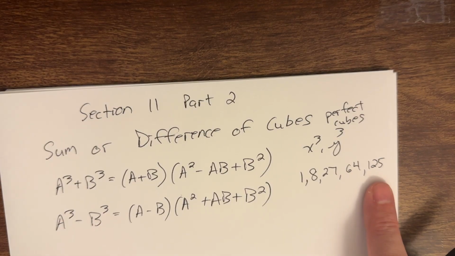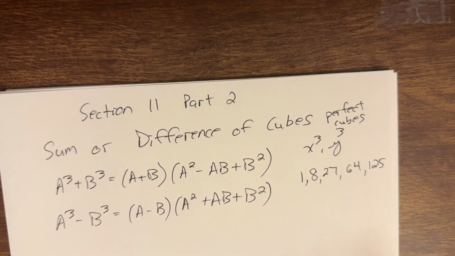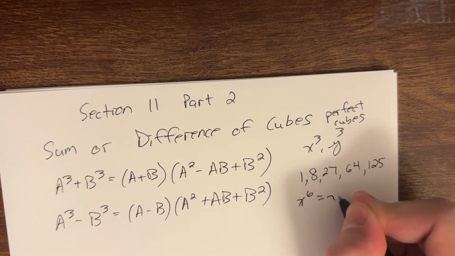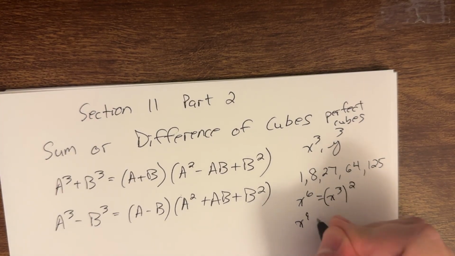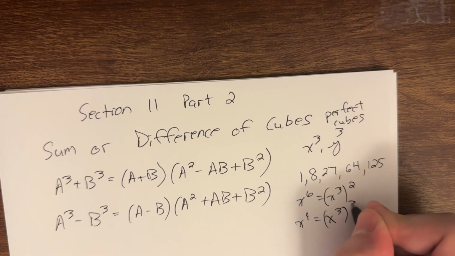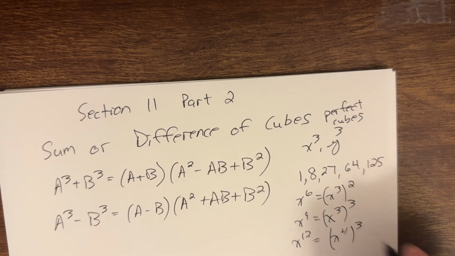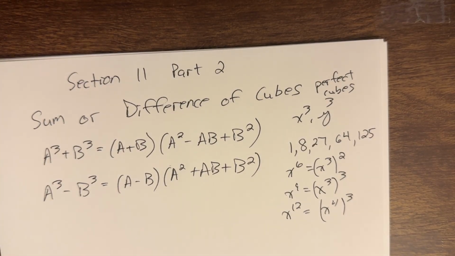But then similarly, as we saw for squares, variables, when they have the perfect exponent, is just so nice and easy. But realize x to the 6th could be treated as x cubed squared. X to the 9th, x cubed cubed. X to the 12th could be x to the 4th cubed. What we saw for variables, as long as the exponent is even, it could be treated as a perfect square.